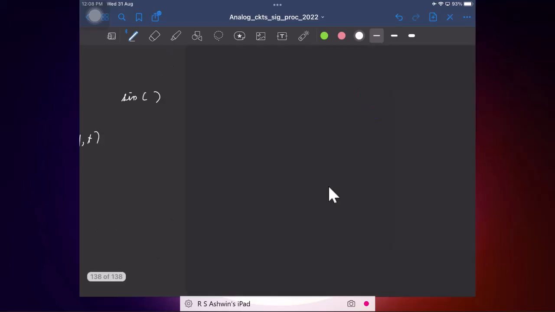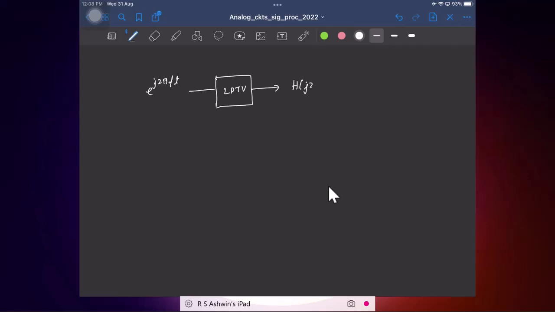The question I'm asking is, we know that if I apply e power j2 pi ft to an LPTV system, I know the output will be h of j2 pi f comma t times e power j2 pi ft. But of course, this is what we are breaking down as an experiment by applying cos 2 pi ft.